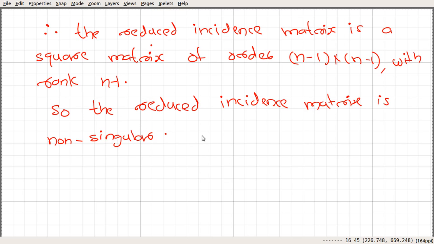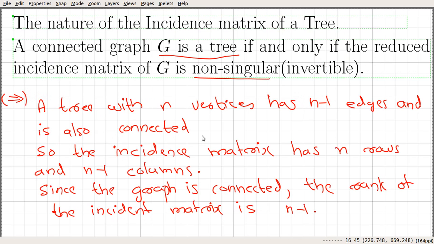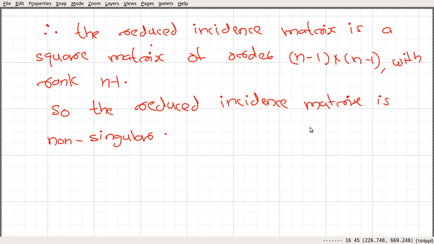Okay, and that's what we want to prove for this direction. So we proved that if a connected graph G is a tree, then the reduced incident matrix of G is non-singular or invertible. Okay, so that's the first part.